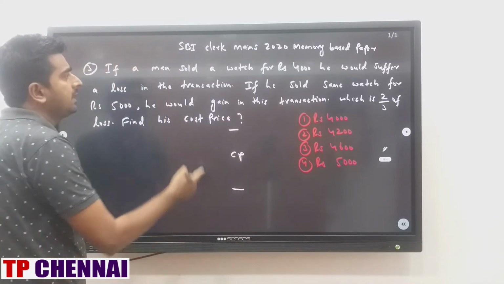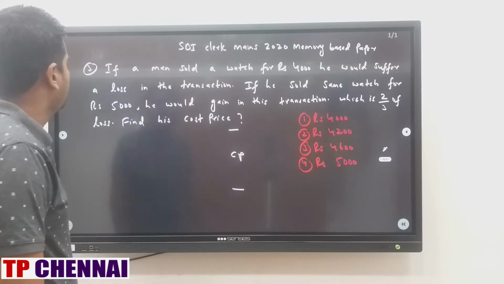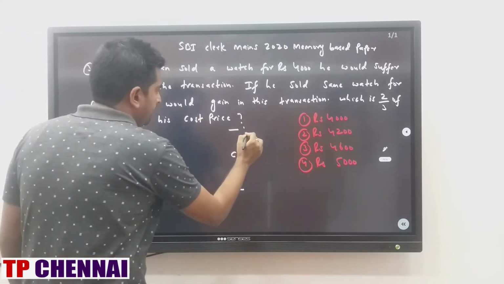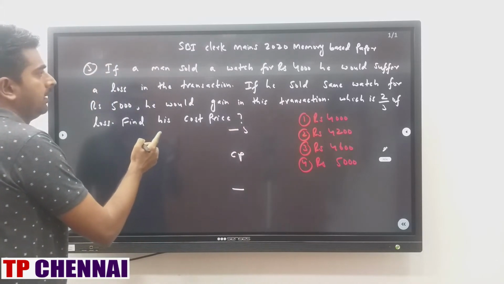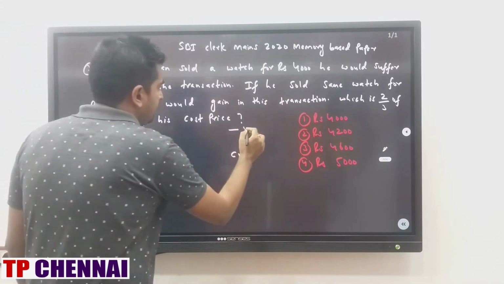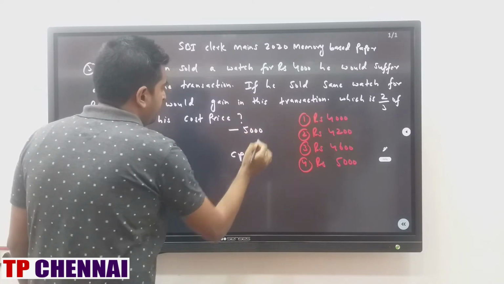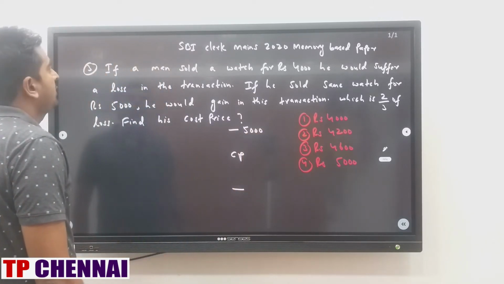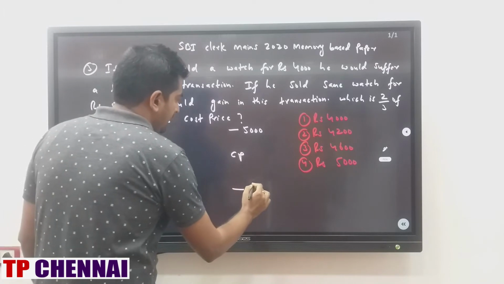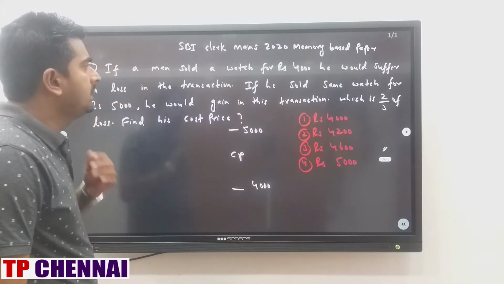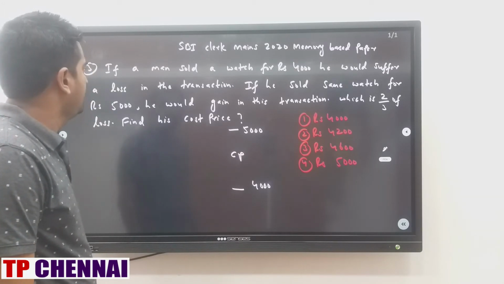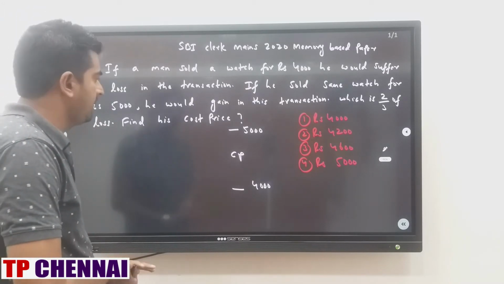When profit was there, his selling price was 5,000. When loss was there, his selling price was 4,000.